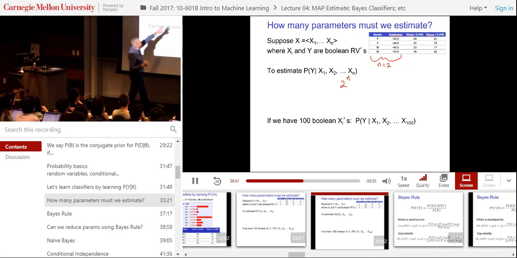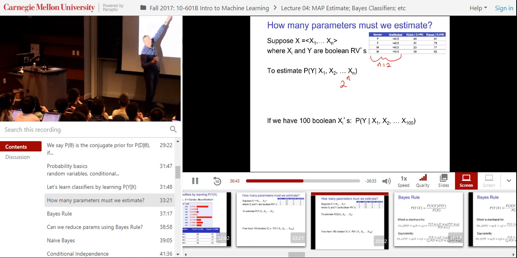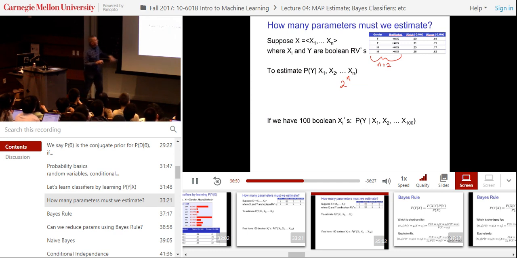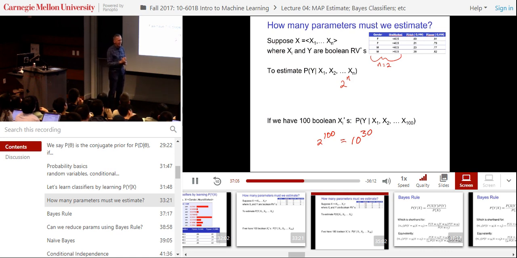For each of the 2 to the n permutations here, I need the probability that y equals 1, and the probability that y equals 0 is just 1 minus that. And as we said before, if we have 100 of those, then it's real bad, because 2 to the 100th equals about 10 to the 30th. We'll never get 10 to the 30th examples.